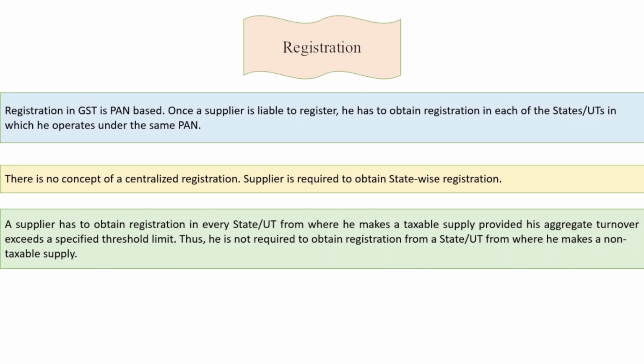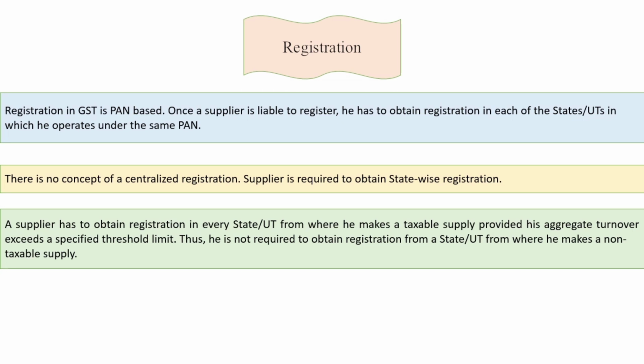A supplier has to obtain registration in every state or UT from where he makes a taxable supply, provided his aggregate turnover exceeds the threshold limit. Thus, he is not required to obtain registration from a state or UT from where he makes a non-taxable supply. So, if his aggregate turnover does not cross the threshold limit, then also he is not required to obtain registration.